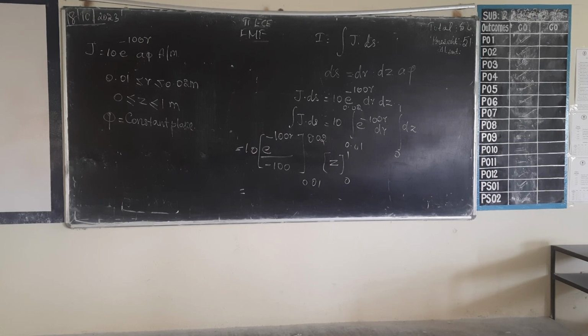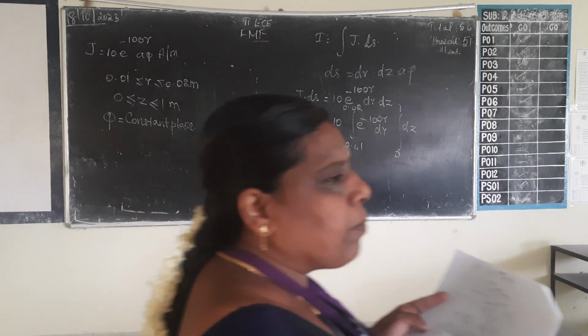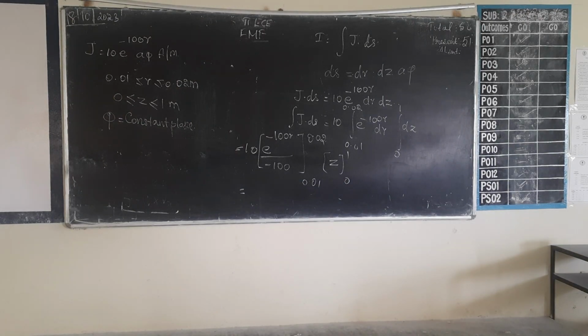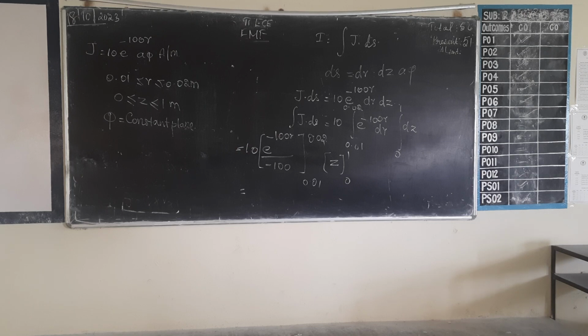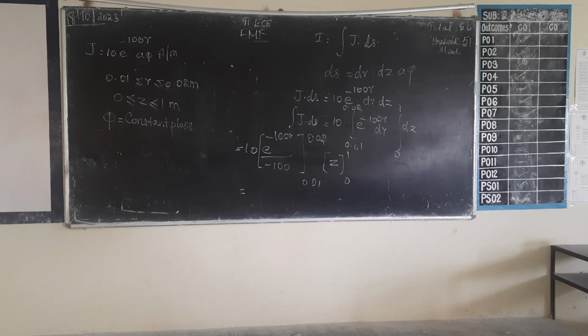The answer is 2.326 into 10 power minus 2 amps. Check your answers. Others getting the answer? Yes, 2.326 into 10 power minus 2, or it is 0.02. Correct. Clear, ma'am?